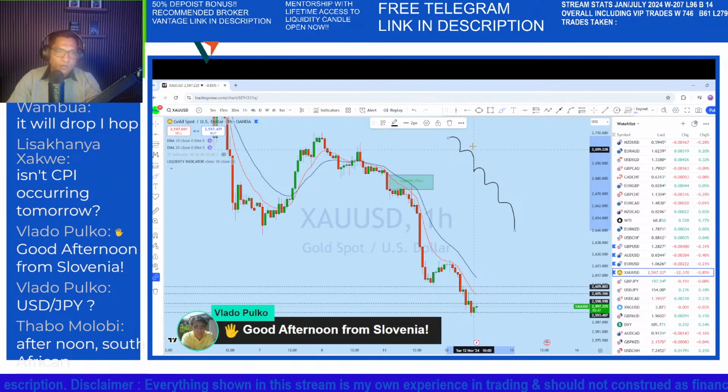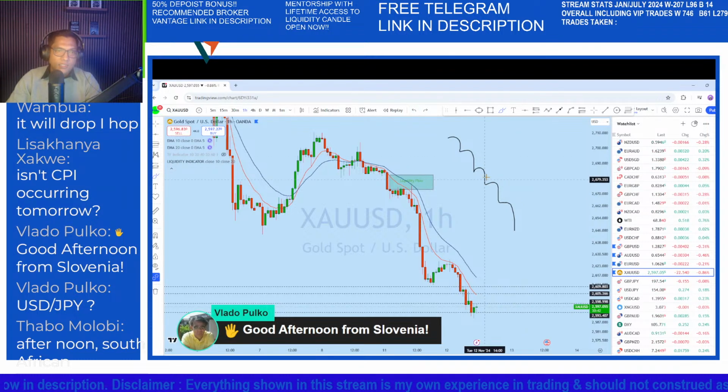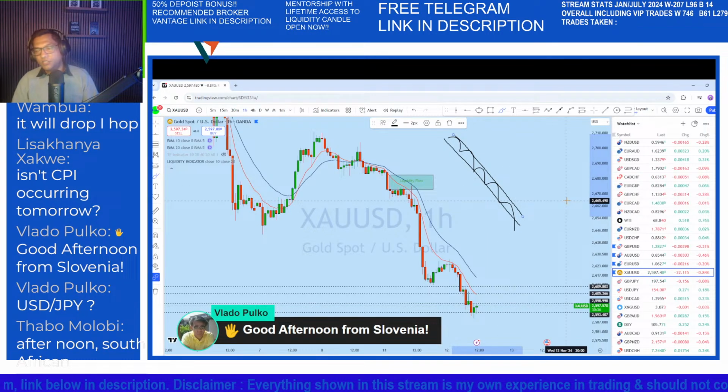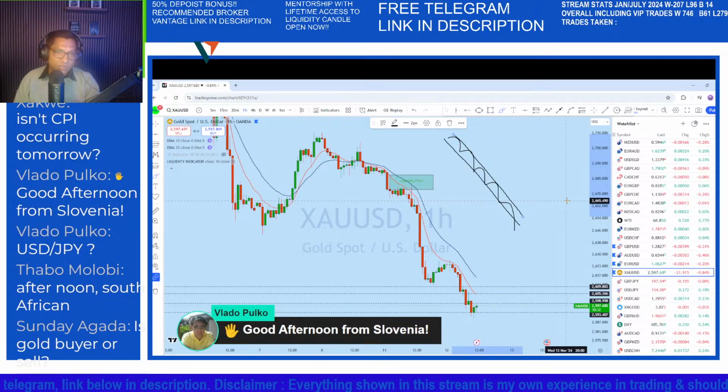It's a downtrend, and this is a regular market structure. Now in that regular market structure, something sometimes happens irregular.